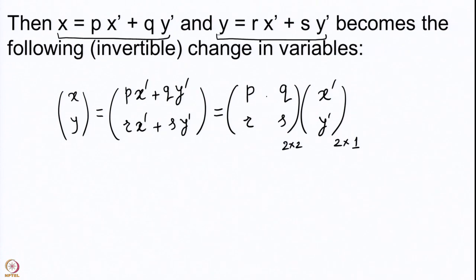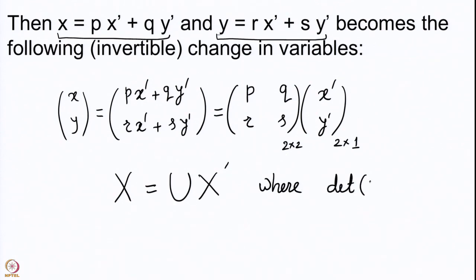So, we have capital X to be capital U into capital X prime, where we have that the determinant of U is 1.